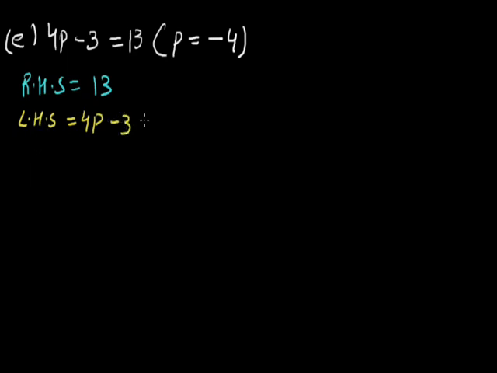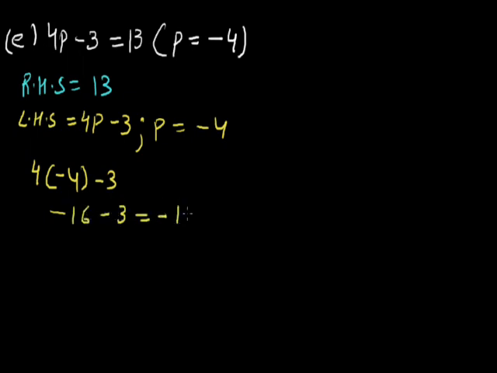Now we have the value of p as minus 4. Let us put the value of p as minus 4. 4 into minus 4 minus 3. 4 fours are 16, it will give you minus 16. Minus 16 minus 3 will give you minus 19.